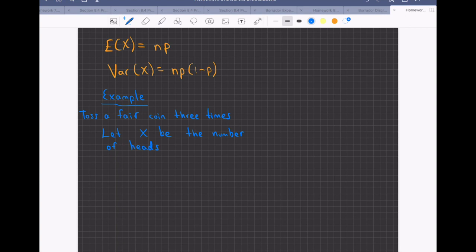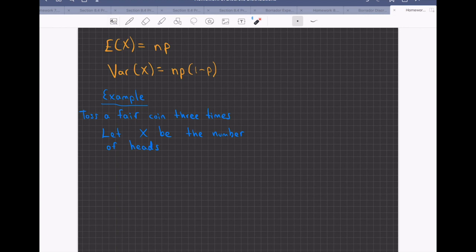Can we say that in this case we have a binomial distribution? I mean, the distribution for X is going to be binomial. Well, let's see if the requirements are met. First, we need to identify one experiment that has only two outcomes. That experiment could be only tossing the coin. When we toss a coin, we have only two outcomes, head or tail.